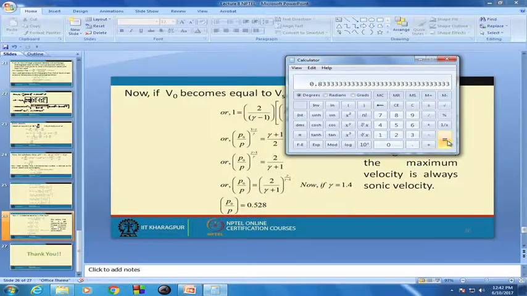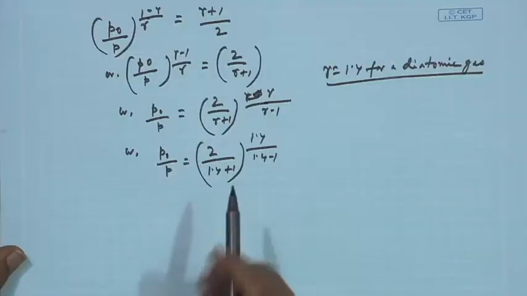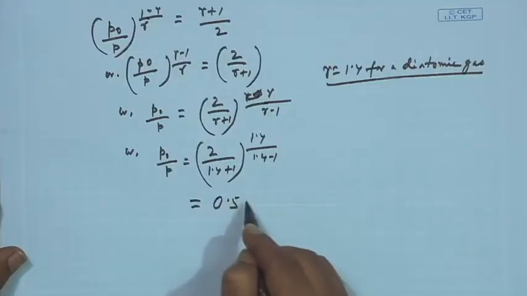So this is this to the power 1.4 divided by 1.4 minus 1, right. So this is equal to 0.528.